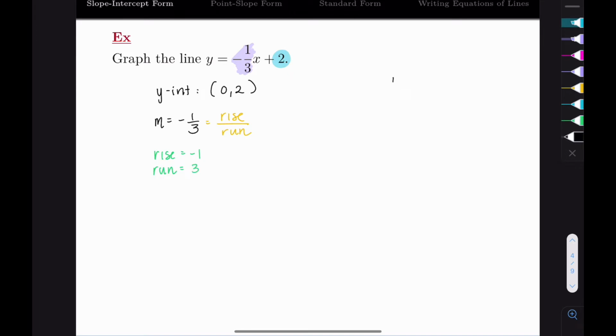What we can do is graph the y-intercept and then use the slope to find additional points. One's enough, but you can find two if needed. So we'll go up 1, 2, 3, 4. We'll go to the right 1, 2, 3. Go to the left 1, 2, 3. And then go down 1, 2, 3, 4.